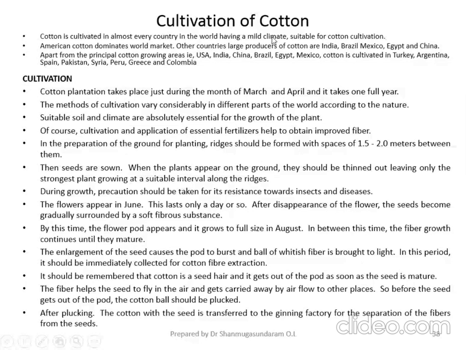American cotton dominates the world market. The other large producers of cotton are India, Brazil, Mexico, Egypt and China. So these are the other countries which are producing cotton on a very large scale.